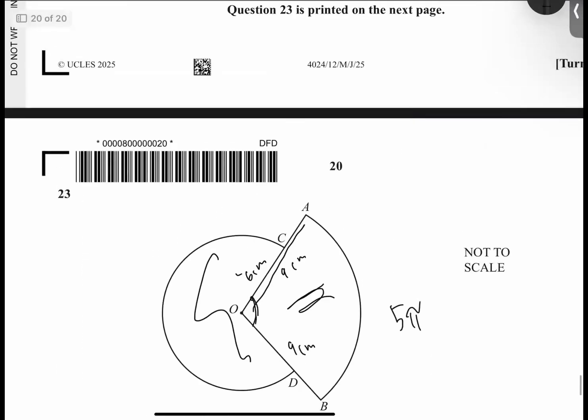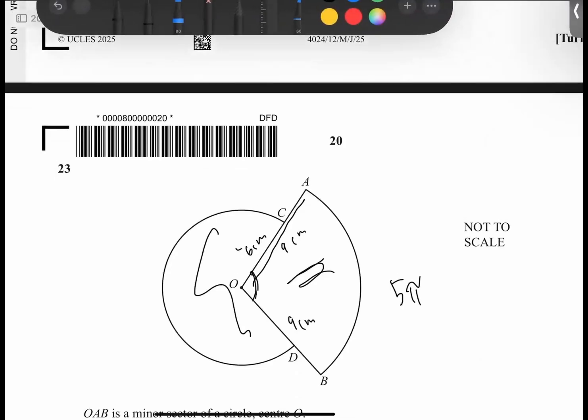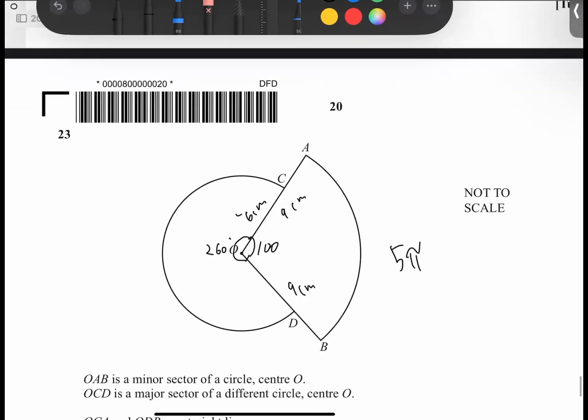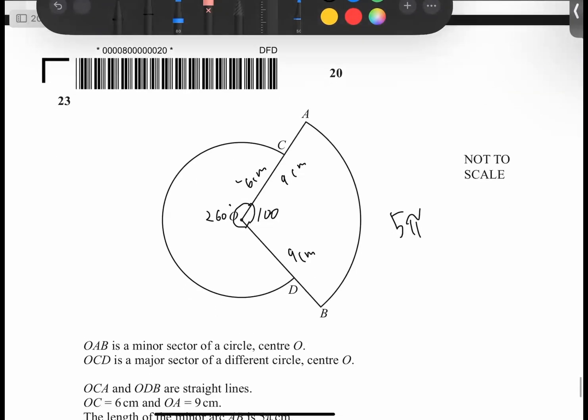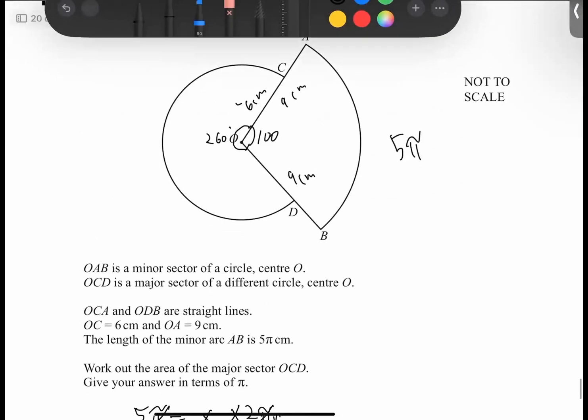So this angle is equal to 100. So if this angle is equal to 100, angle COD would be 360 minus 100, so this would be 260 degrees. So now we need to find the area of the major sector OCD.